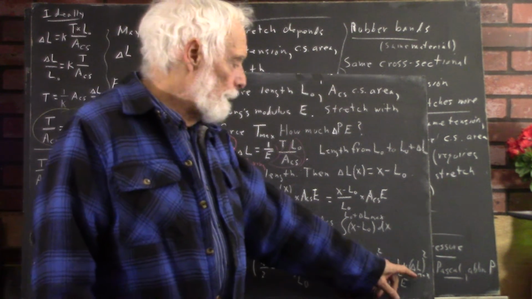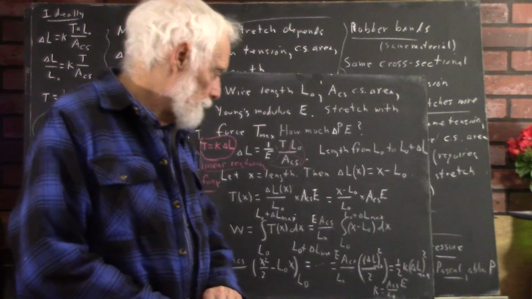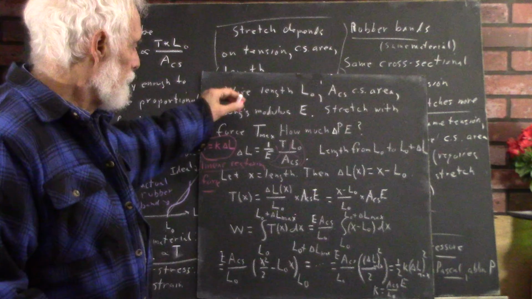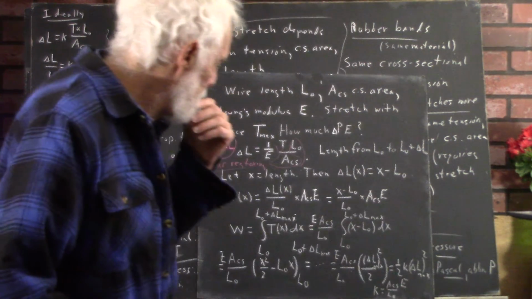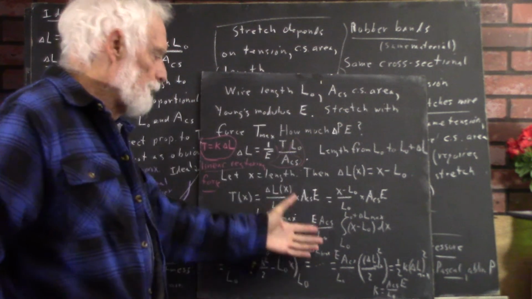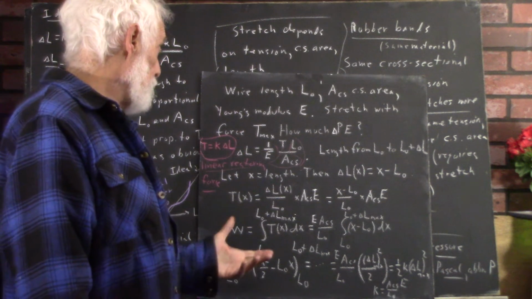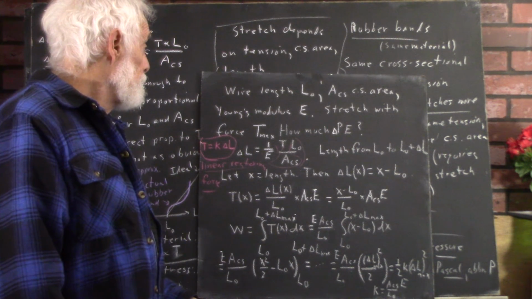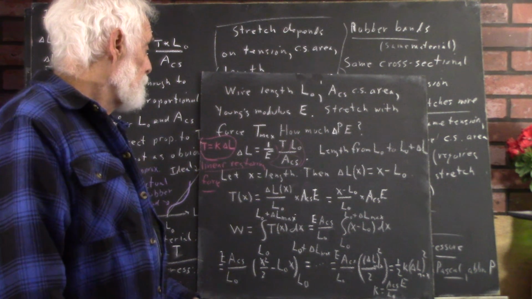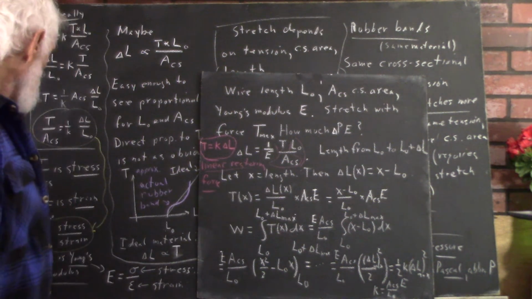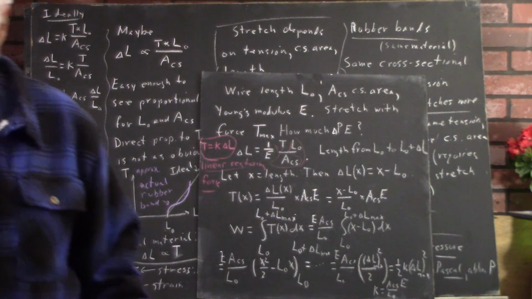Only your delta L max would be your amplitude. We'll go on with the idea. Try to understand the meanings of these terms in terms of what I demonstrated with rubber bands. And just keep in mind that Young's modulus is stress divided by strain. Also has units of pressure.